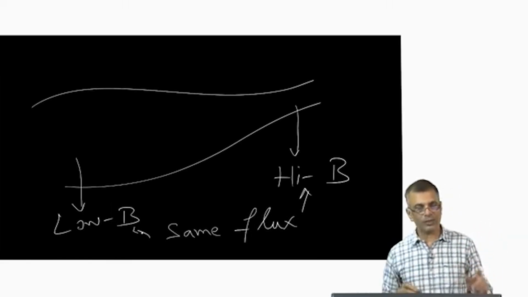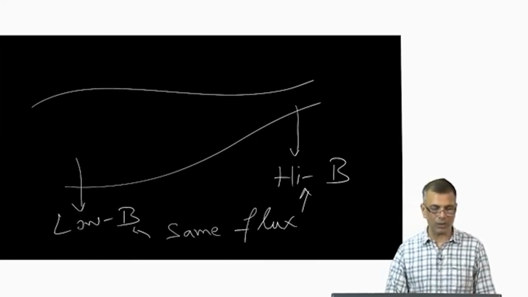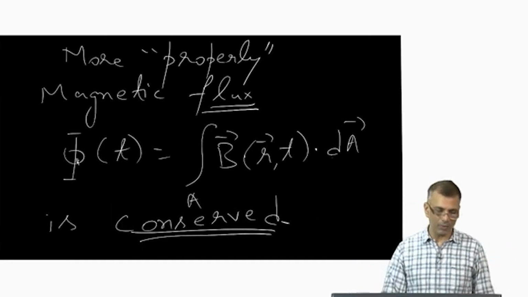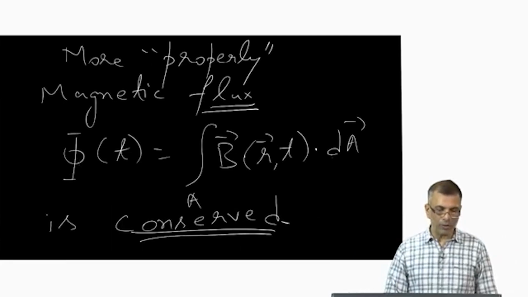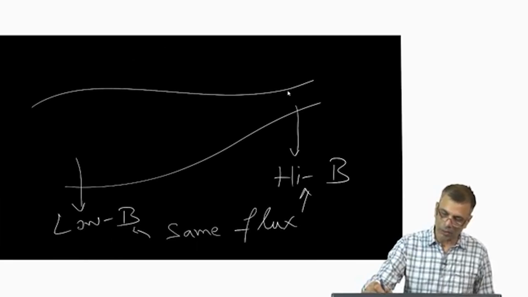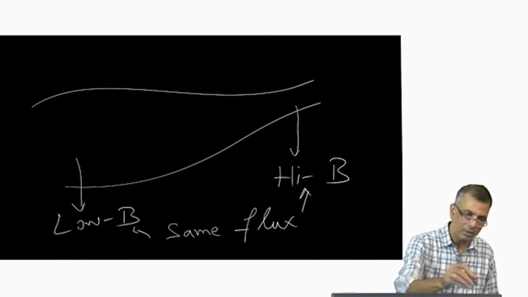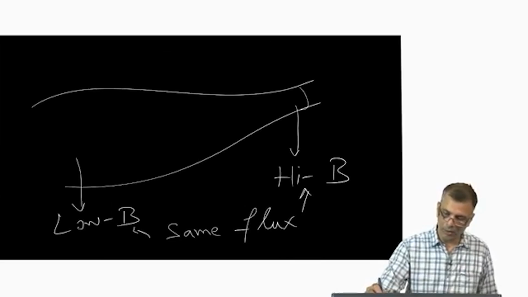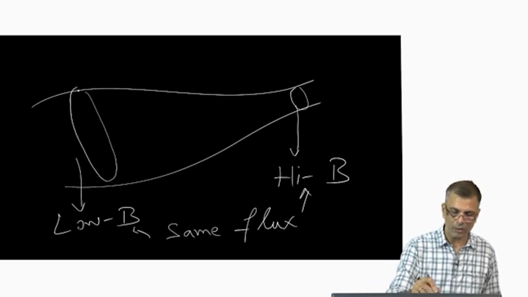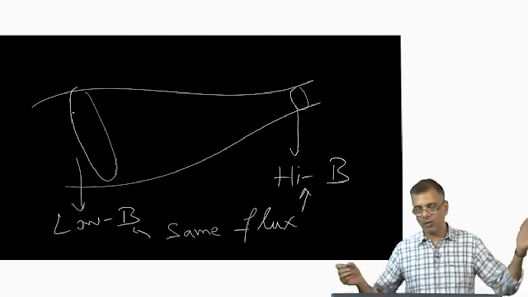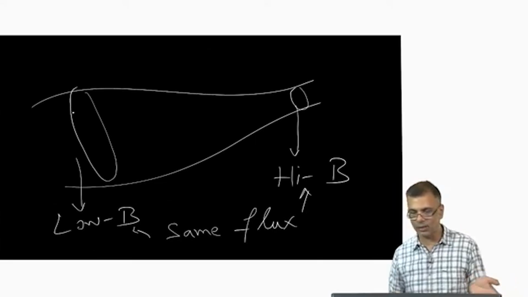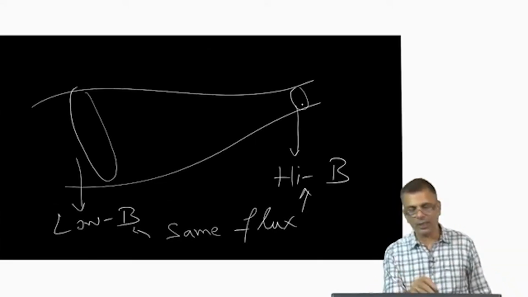The flux is the same, that is what this statement is saying. However, the cross sectional area is larger here than there. So there is only one way the flux can be the same here and here, and that is if the magnetic field is higher here than it is there.